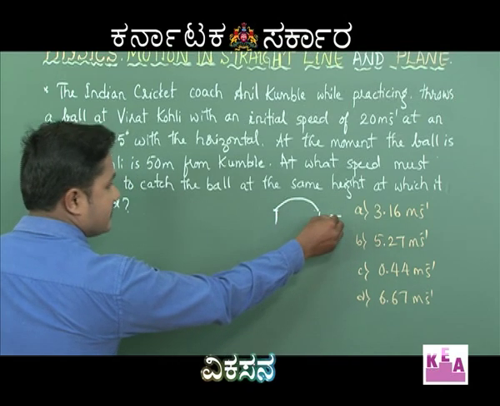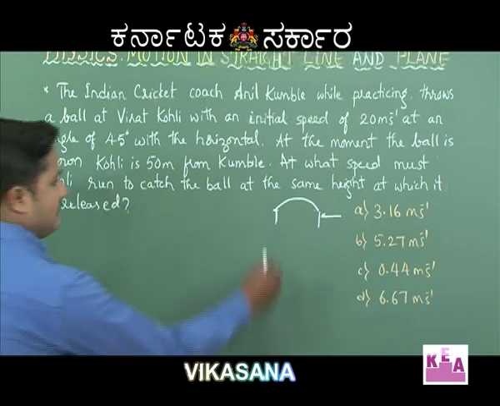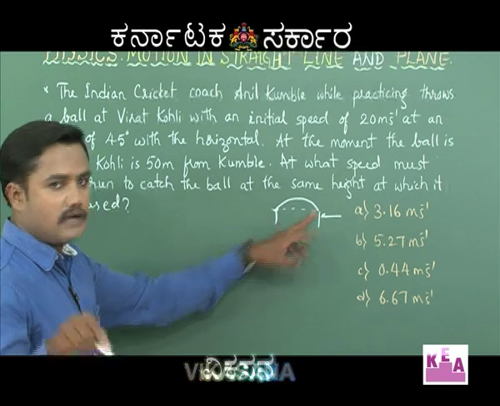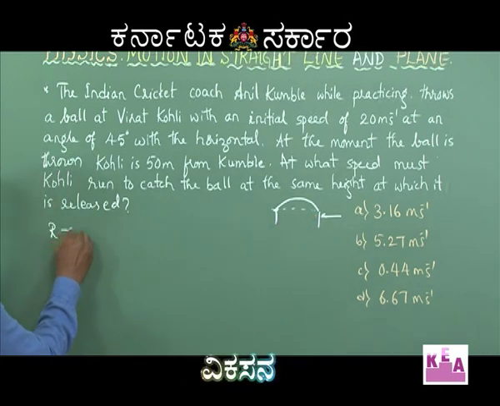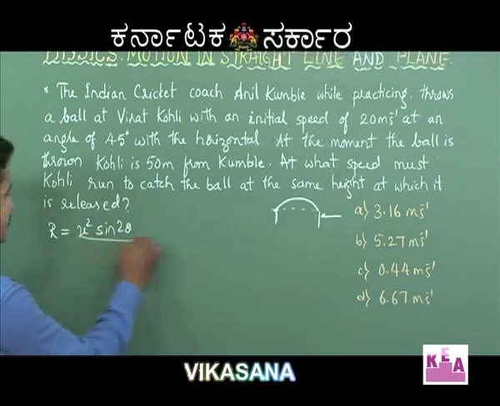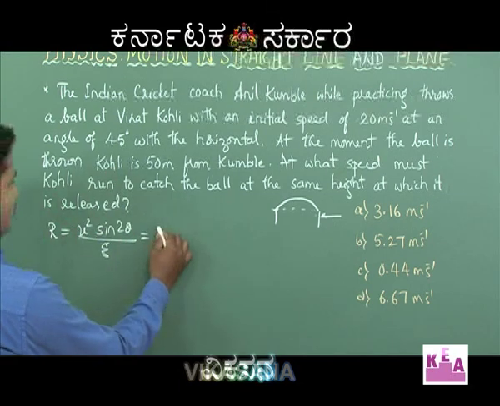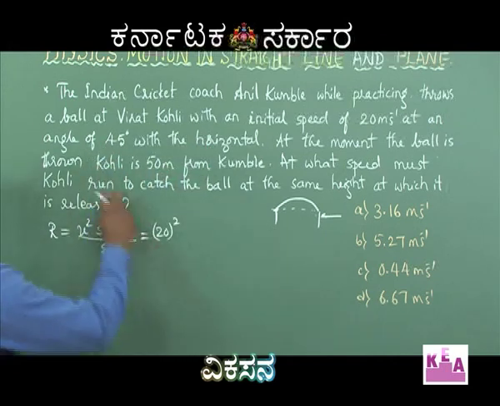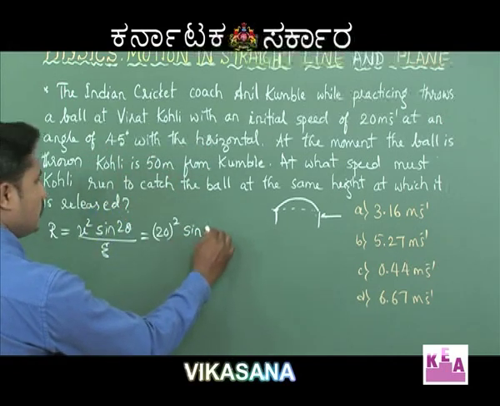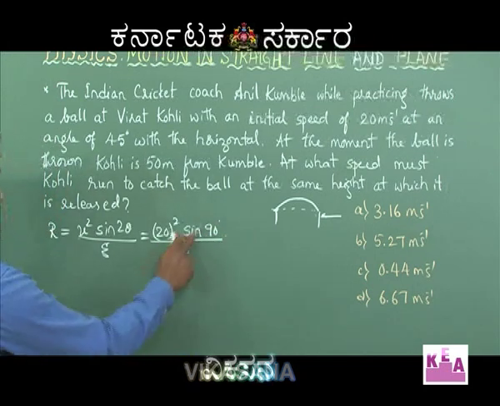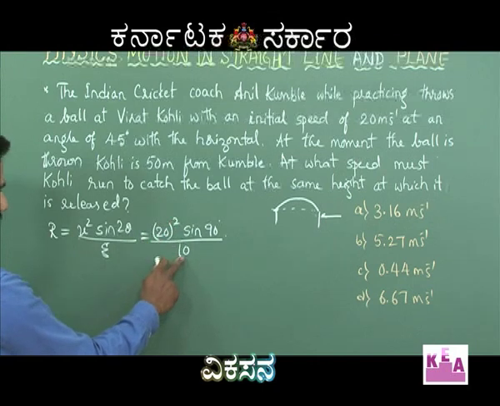Kohli actually has to run through this distance, and I am now supposed to find out this horizontal range covered by the ball using the formula for range, which is u square sin 2 theta by g. U is given to be 20, that is the velocity of projection, 20 square sin 2 theta. Theta is 45 here, so sin 2 times 45, let me write it directly as sin 90, divided by 10. This is 400 divided by 10, which is 40.